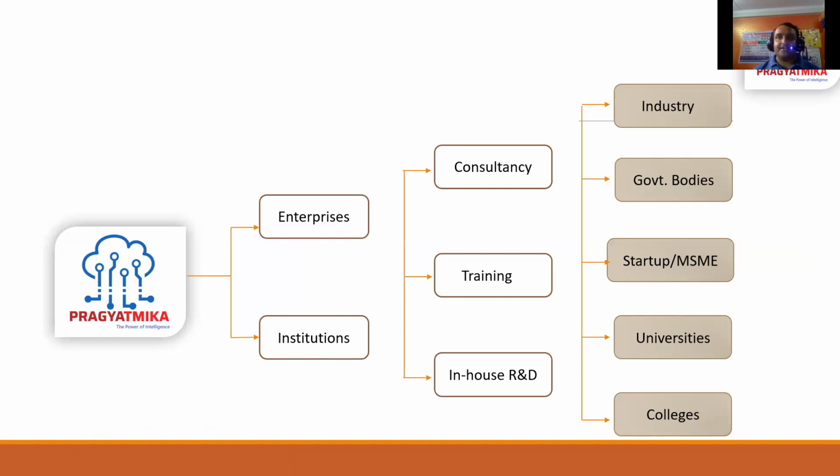We have in-house R&D where we take projects from various industries, and our new product development wing is also there. We have authorizations with top semiconductor companies like Microchip, ST, and Renesas, where we are delivering their projects for their clients. And we have support for academia also. So this is the training division of Pragyatika.